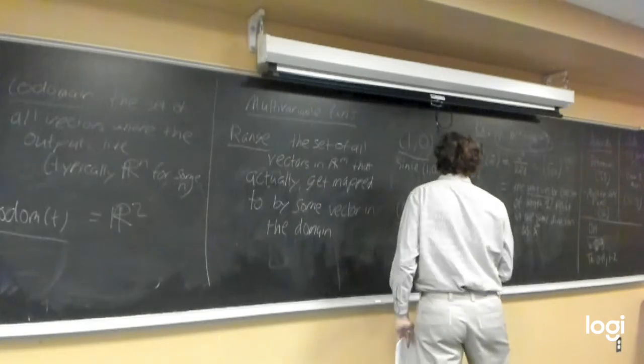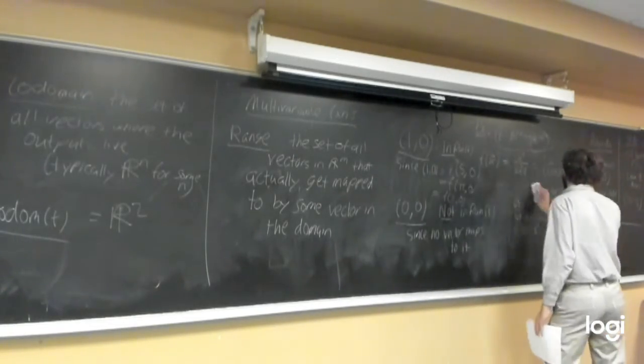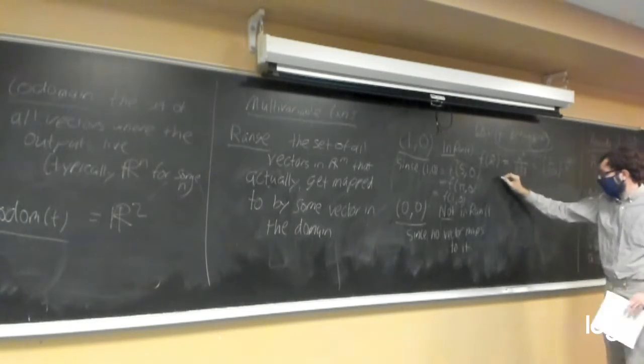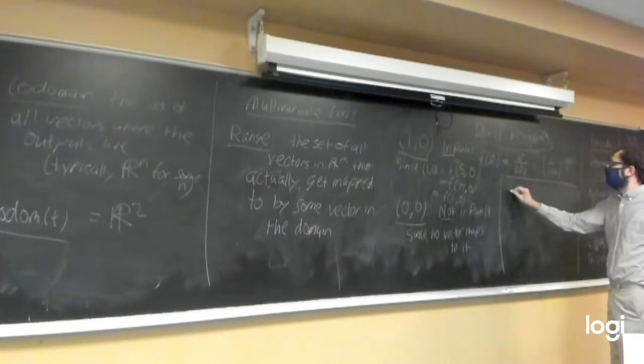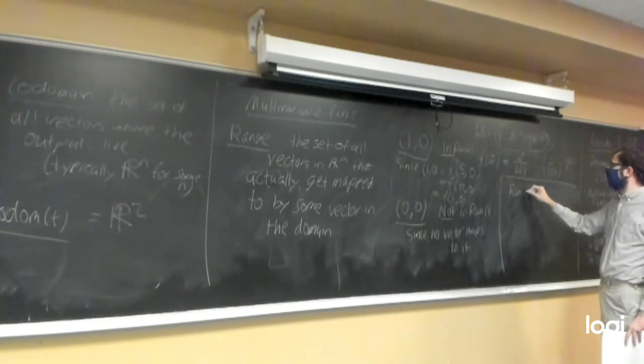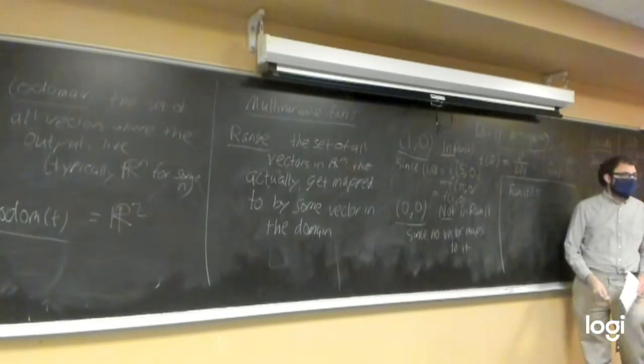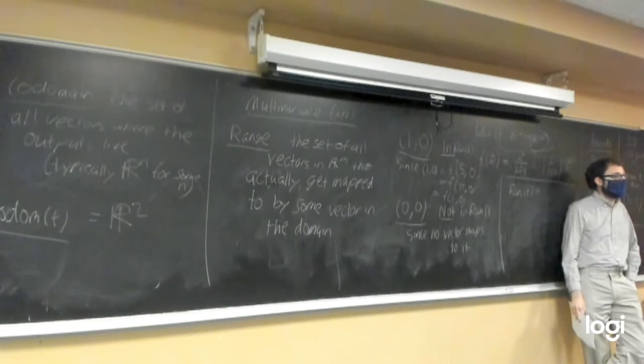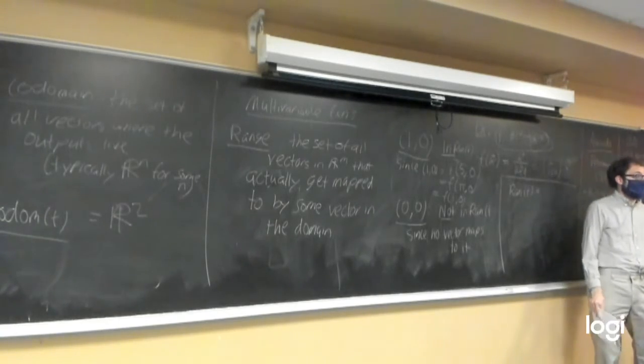And now, let's see if we can write out the entire range as a set of vectors. How can we describe the set of every single vector in R2 that happens to be in the range, that gets hit by something? How can we characterize all of those vectors?